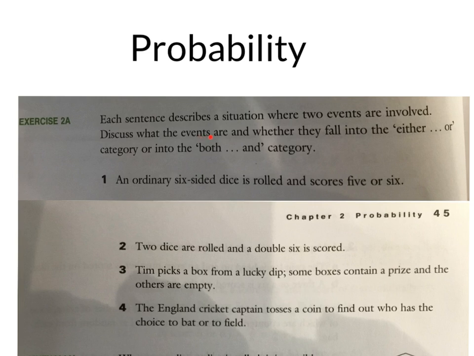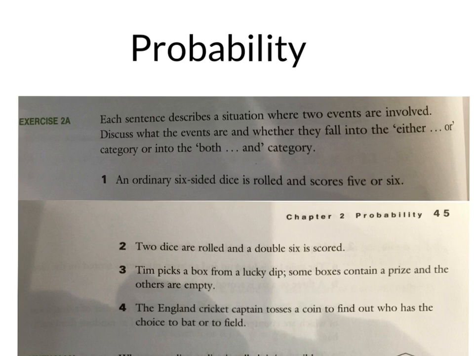The event is you can get a 5 and the other event is a 6. There are two events that we're looking at there. And what categories do they fall into? Well, either you get a 5 or you get a 6. So that's an either-or category for number 1.